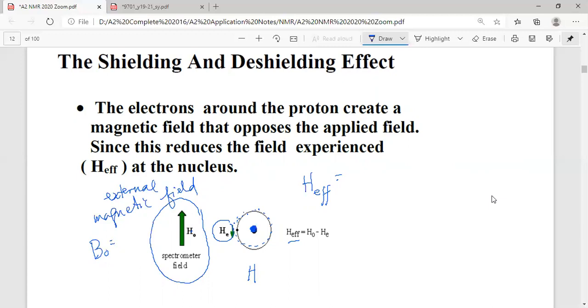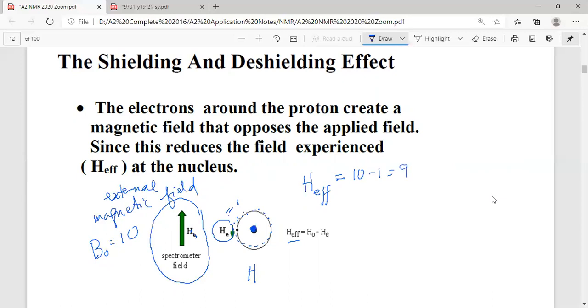Without the electron, it would just be H0. Let's say the field produced by the outside is 10, and the magnetic field produced by the electron is equal to 1. So what is felt is 10 minus 1, that means it feels 9.